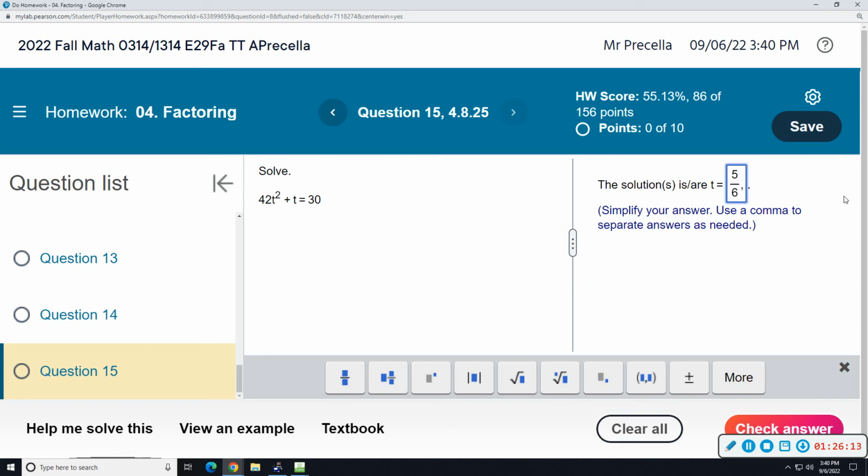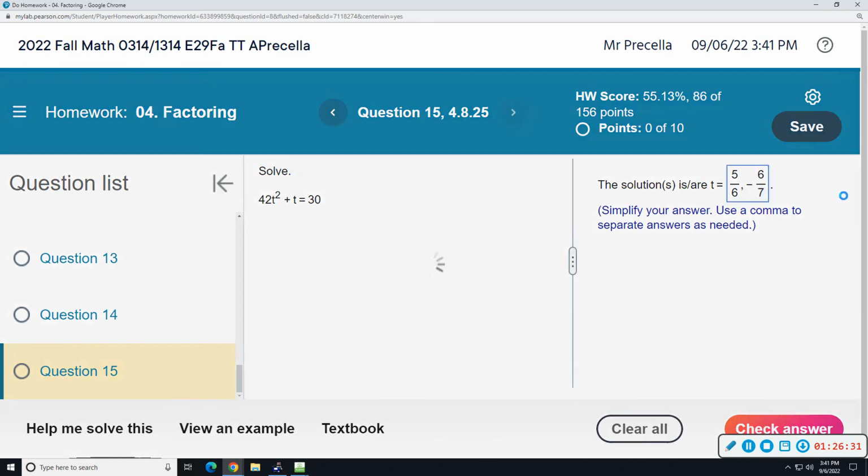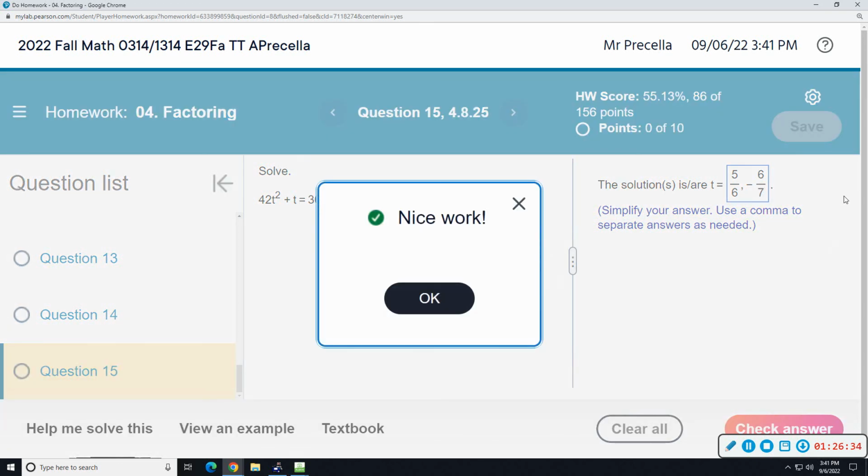But they don't change it the rest of the time. When it's time to write that interval notation, if you put a comma in a denominator, it's going to be counted wrong. And what was the other one? Negative 6 over 7. Is that what I wanted to type? Yeah, that looks right.